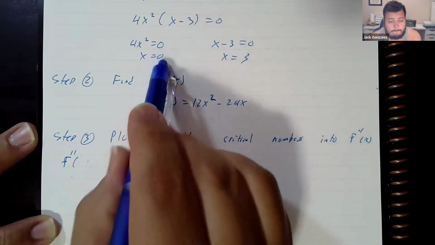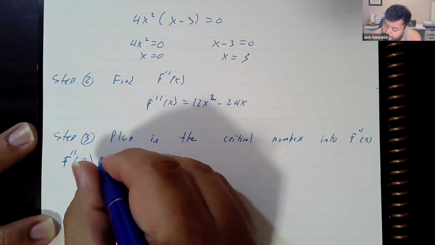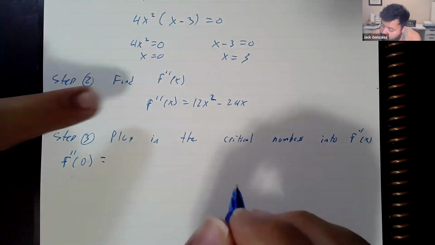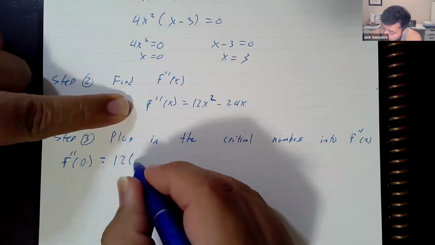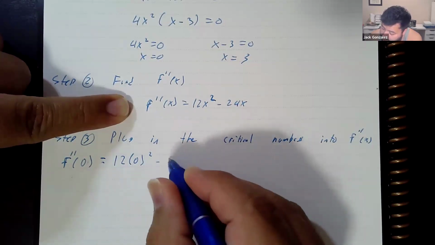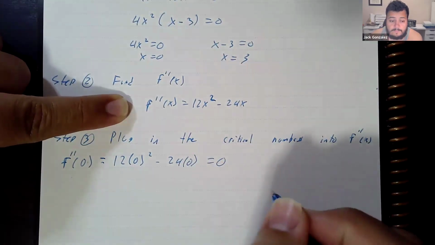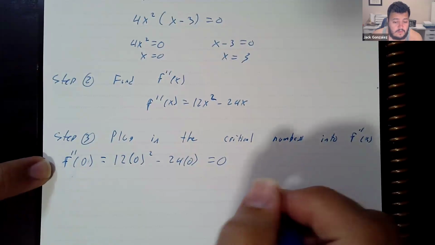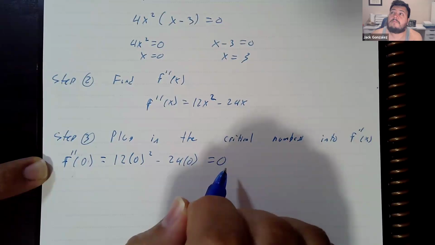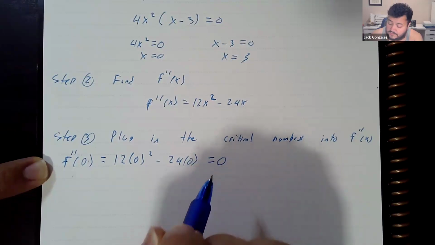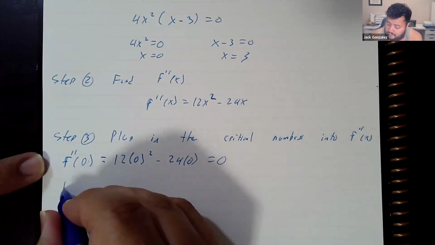So f double prime of the critical number 0 is 12 times 0 minus 24 times 0, which is equal to 0. That doesn't tell me anything other than this is a change in inflection, so it's not min or max.